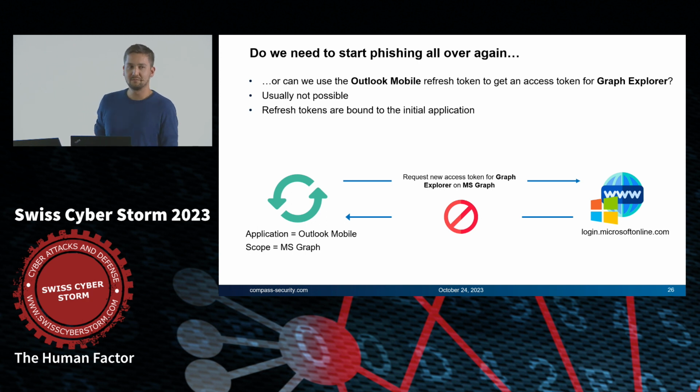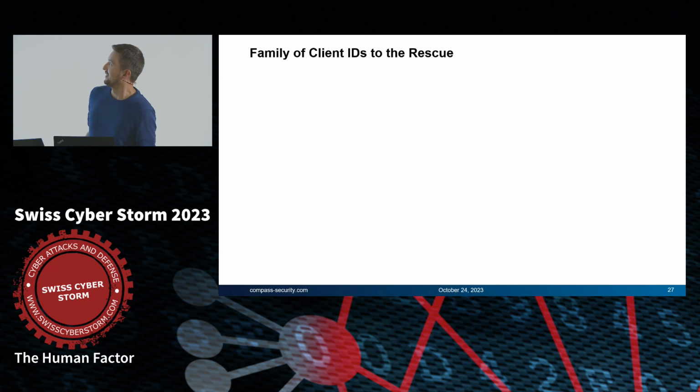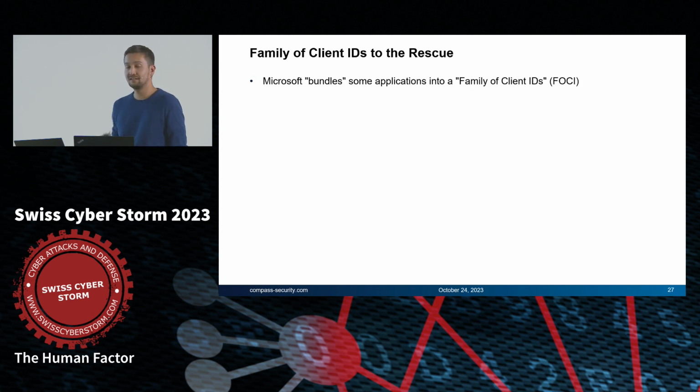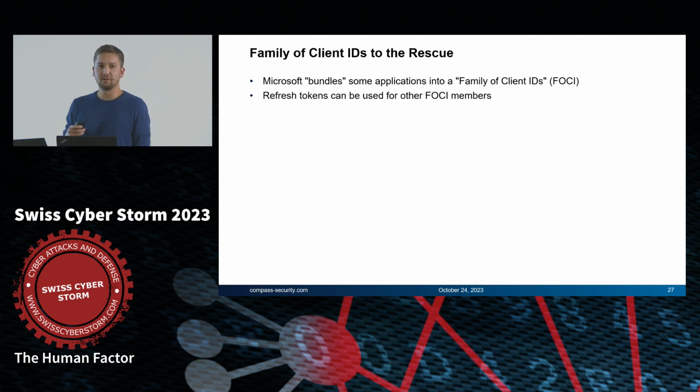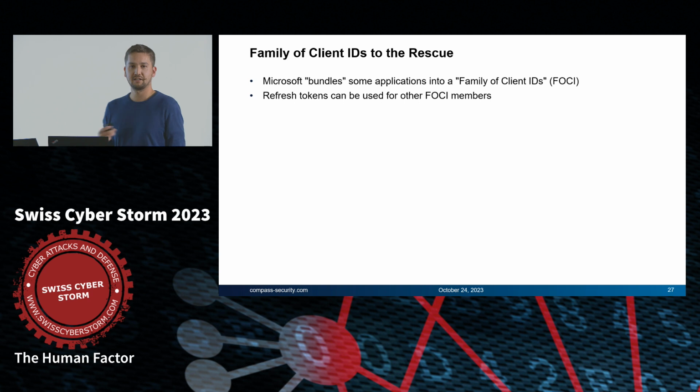But Microsoft wouldn't be Microsoft if they hadn't implemented something quite awesome. It's called the family of client IDs. What they basically do, I don't know why, is bundle some applications into a family or a group of families, and each member of the same family can exchange its refresh token for another family member's access token.